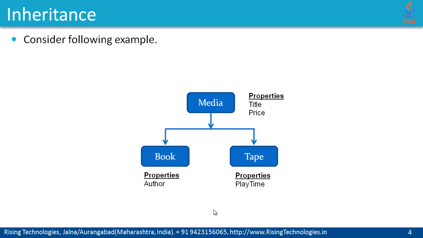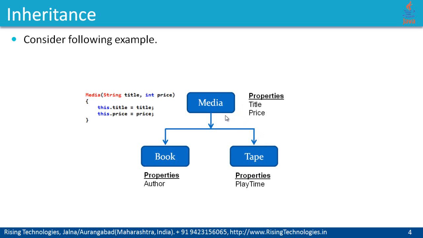Now this book and tape class can add few additional properties, like this book class can add one more property like author, number of pages. Similarly, this tape class can acquire these properties from its parent class, and it will add a property like playtime or the duration of that audio or video tape.